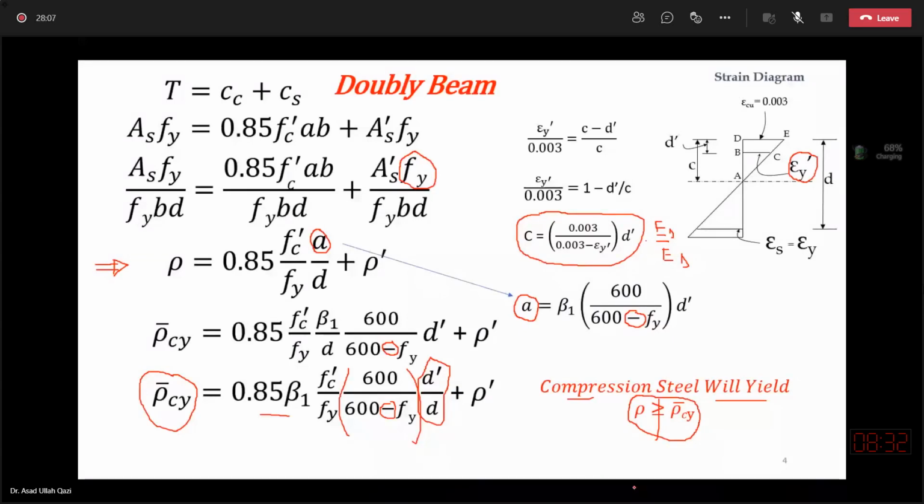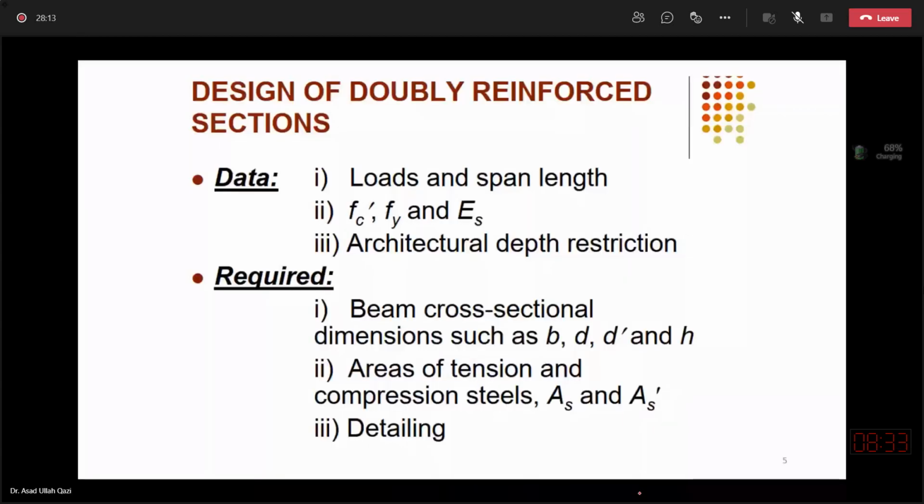Now I will suggest that the problem which I solved in the recorded video, which was the case 2 doubly beam analysis, I have given you a cross section 300 by 300 with 4 number 25 bars on the tension side and 2 number 19 bars on the compression side. Concrete grade was 20 and steel grade was 300.